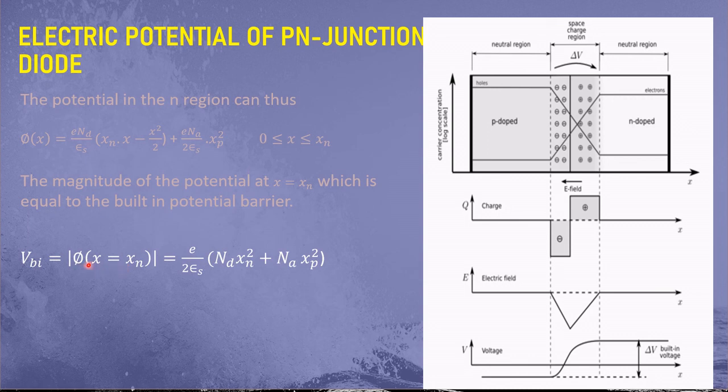That means the potential at x equal to x_n gives the built-in potential value, and that is q divided by 2 epsilon_s times (N_D x_n square plus N_A x_p square). So this is the potential barrier value of the PN junction diode at x equal to x_n.